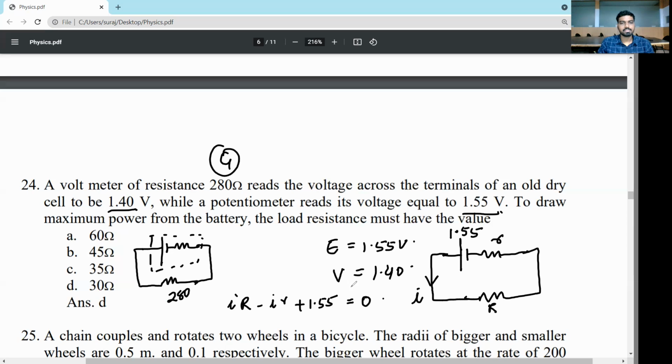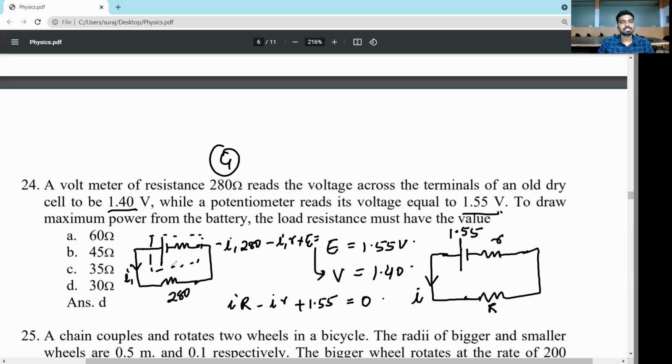With this, V is I dash into 280 minus I dash into small r plus E, and this should be equal to 1.40.